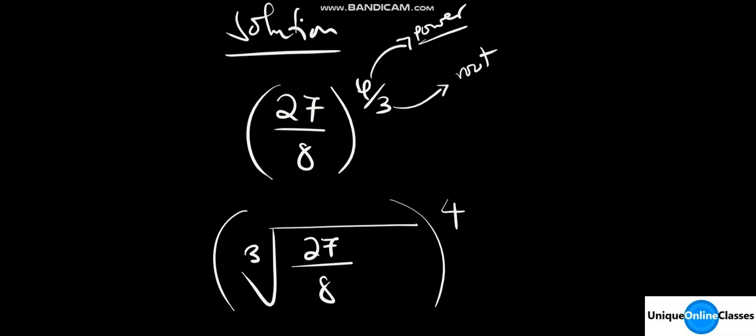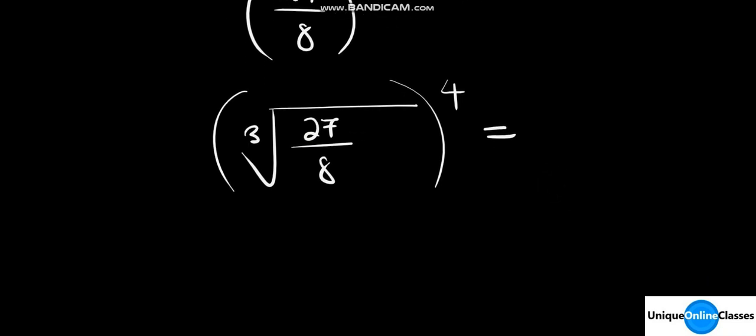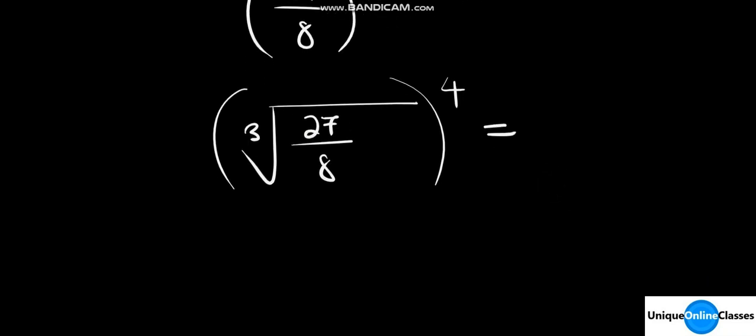So the cube root of 27, the answer is 3. That's the number which multiplied by itself three times gives 27. And here the cube root of 8, the answer is 2. That's the number which multiplied by itself three times gives 8.